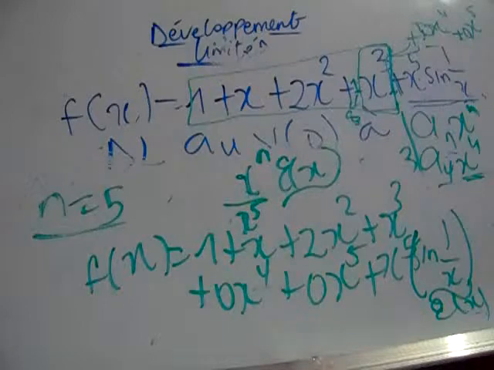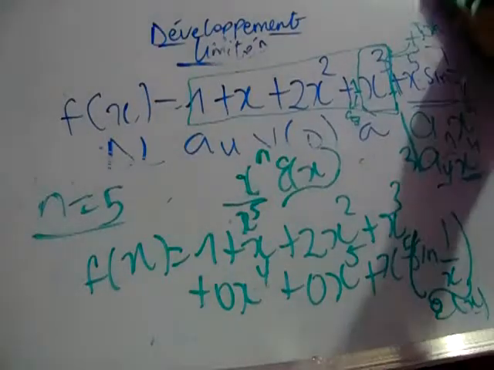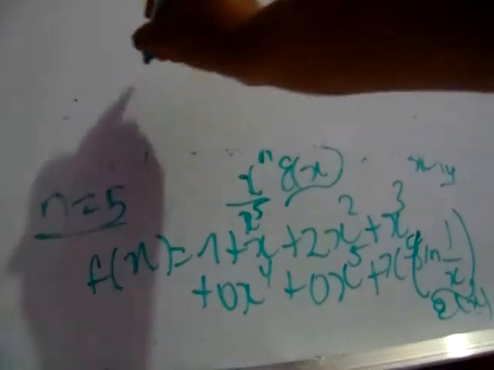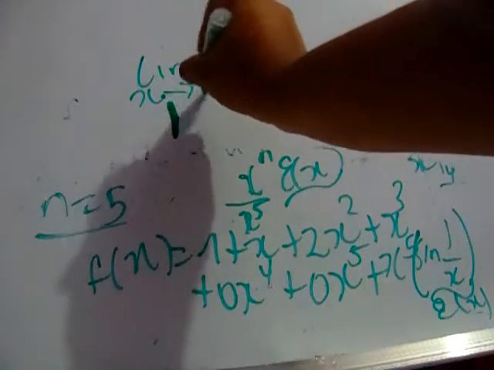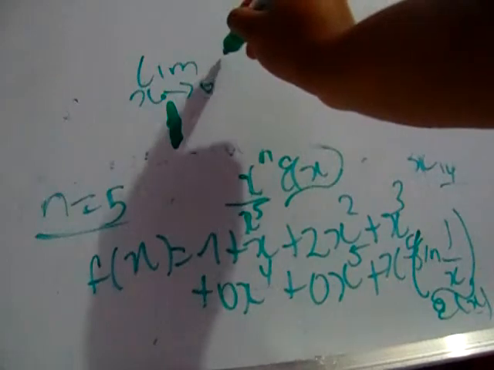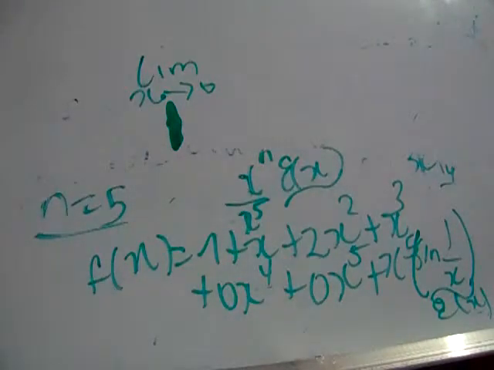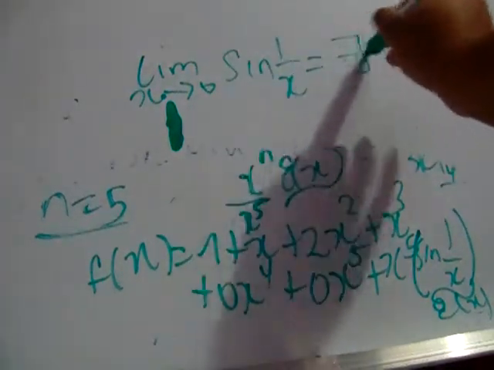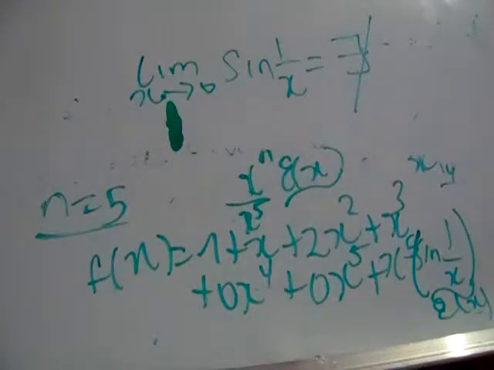In this case, when x tends to 0, what is the limit of sinus 1 over x? Will it give us 0? So I'll do it right here quickly. The limit when x tends to 0 of sinus 1 over x doesn't exist. Why?